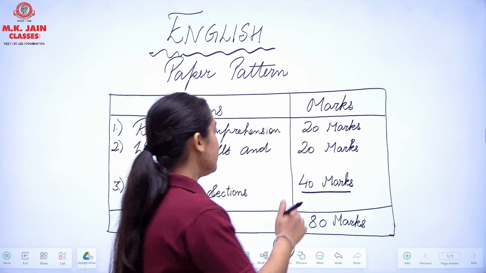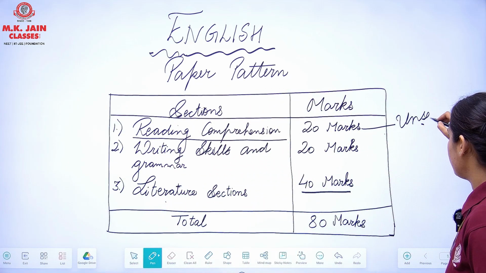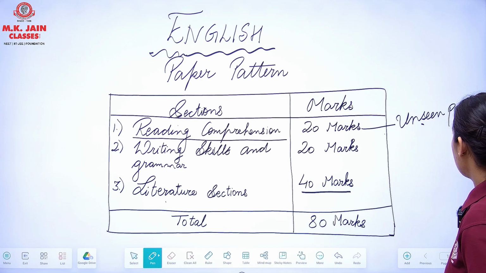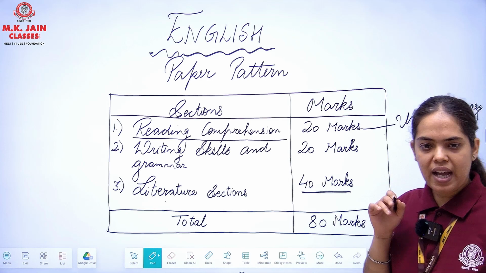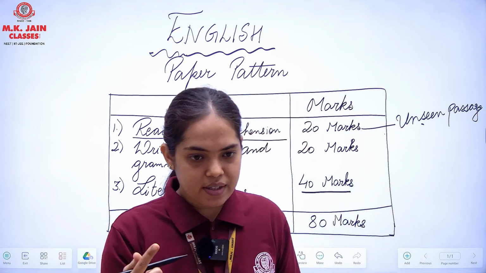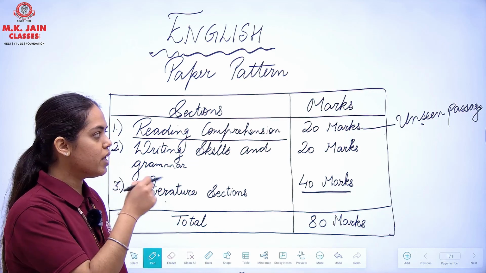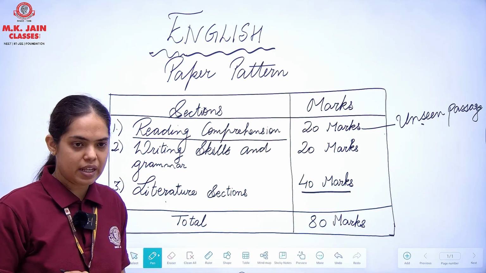Starting with the reading comprehension part, here you will have an unseen passage. When you solve the unseen passage, keep in mind that before you start reading, you should read all the questions so that you are able to solve the unseen passage very easily.